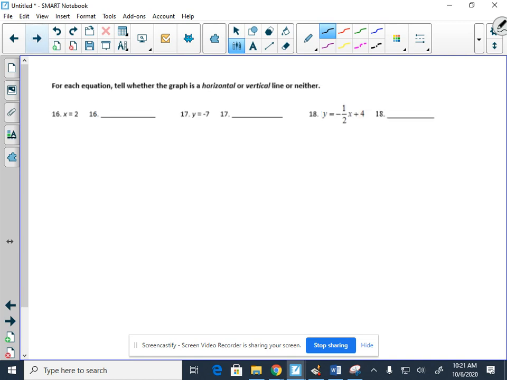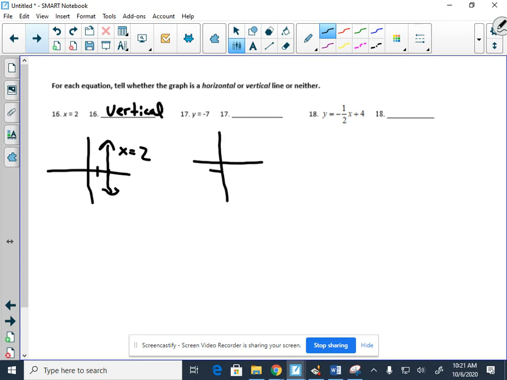All right, for each equation, tell whether it's horizontal, vertical, or neither. X equals 2, if we graphed it, would look like this. That's the line x equals 2. So that is a vertical line. It's up and down. A y equals -7 would look like this. You don't have to graph it, but that is horizontal.